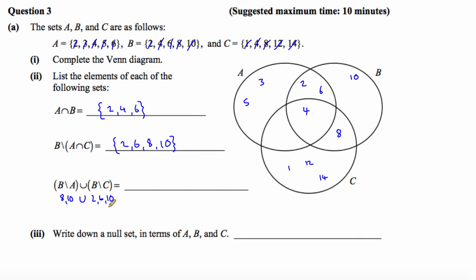So if it's the union of these two things here, it's all of them together. So that's going to be 2, 6, 8, and 10.